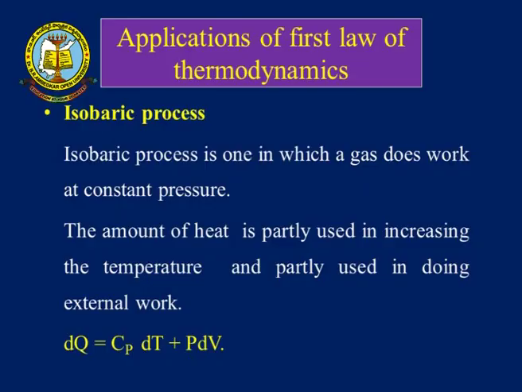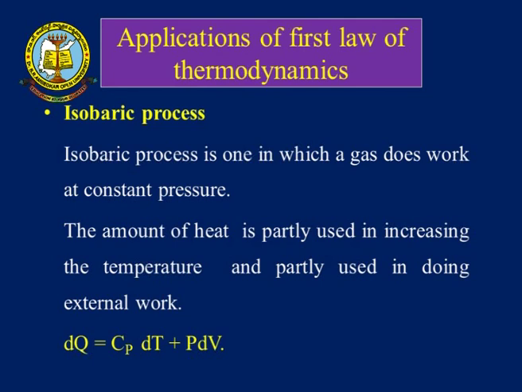Now, the amount of heat we supply is partly utilized in increasing the temperature and partly utilized in doing work. The dq amount of heat energy supplied to a system is used to increase its temperature and partly to do work.